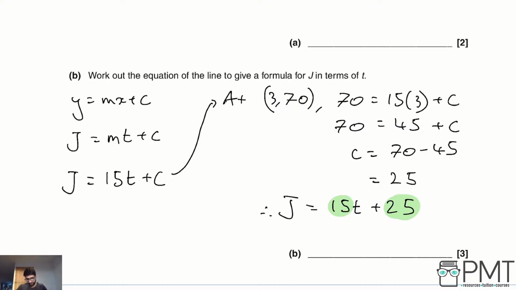Because we have established that J, which is what he charges, is 15 times T, which is how long it takes, plus 25. So let me know in the comments what you think his hourly rate is. Thank you, Kashai. Let me know if you know the answer, what the hourly rate is, and also what the other number is, because one of these is the hourly rate. Of course, don't just pick one, explain.